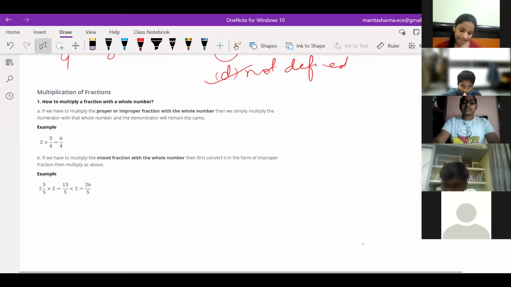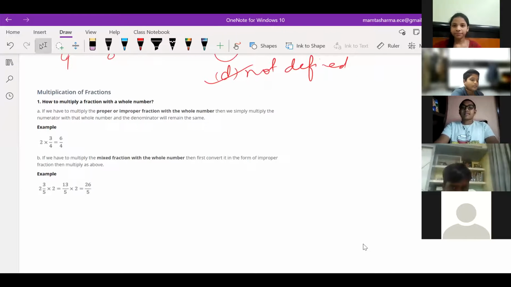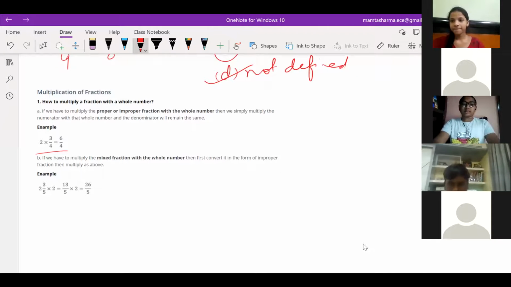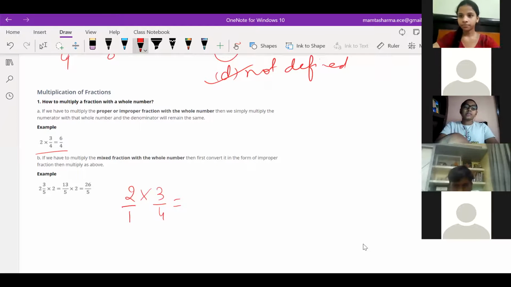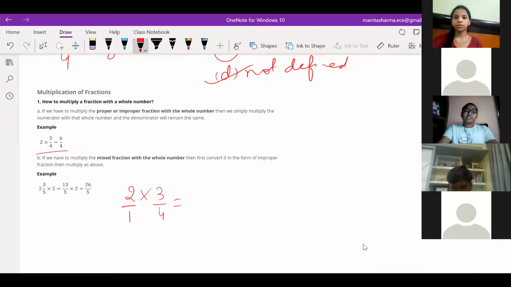Now see, how will you multiply fractions? If a whole number 2 is multiplied by 3 by 4, how will you multiply? Ma'am, first we'll take it as 2 by 1. Don't cut anything, just tell me how you perform multiplication.